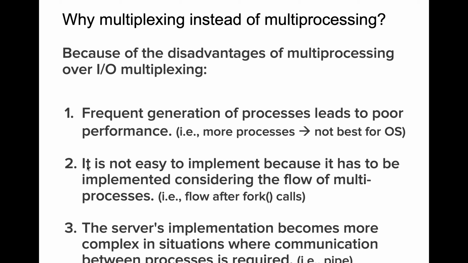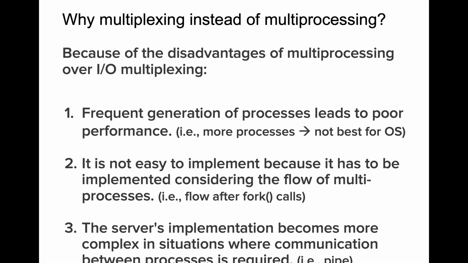The second disadvantage is that it is not easy to implement, because it has to be implemented considering the flow of multiple processes. When you create multiple processes, you have to know the instructions that will be executed in specific processes. You remember, we put conditions like if the fork's PID result was equal to 0, that would be the child process's content, the scope.